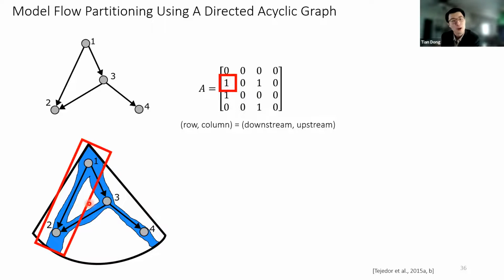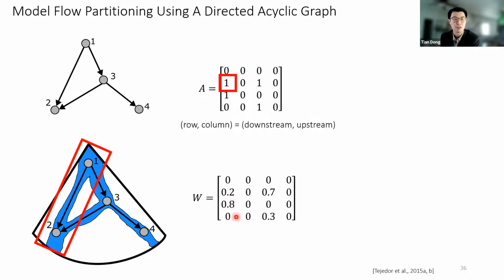And we can also look at how strong the connections are using the weighted adjacency matrix. Here, in the same example, in row 2, column 1, we have a number of 0.2 that indicates 20% of the flow is going to node 2 from 1. And here, row 3, column 1 has 0.8, which indicates 80% of the flow is from 1 to 3. So essentially, this weighted adjacency matrix just contains information about how flow divides at a bifurcation.